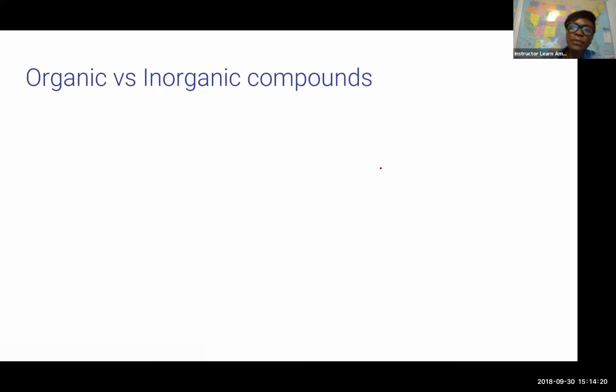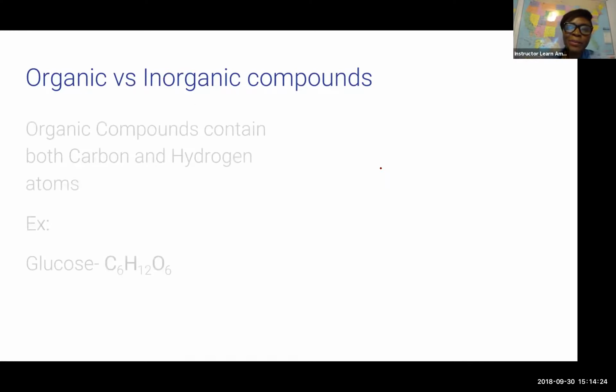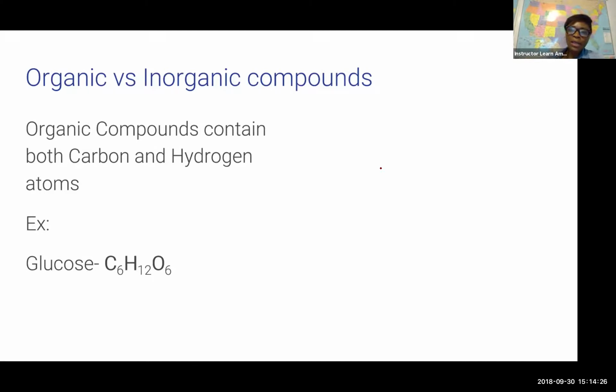These molecules combine together to form the chemicals in the cell and the organelles in the cell, which make up the cell itself. All right, so let's talk a little bit of chemistry. Don't be afraid. I'm going to make it nice and easy for you. I'm going to simplify it as much as possible. So we have the compounds that we're going to focus on. We have organic compounds. So organic, we're talking about materials that are made up of carbon and hydrogen atoms. And we've been discussing sugar.